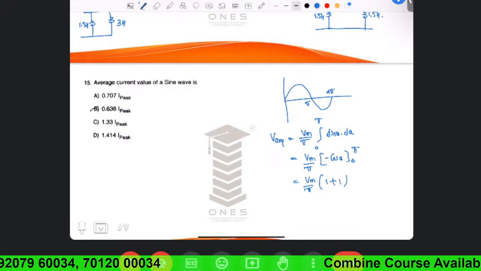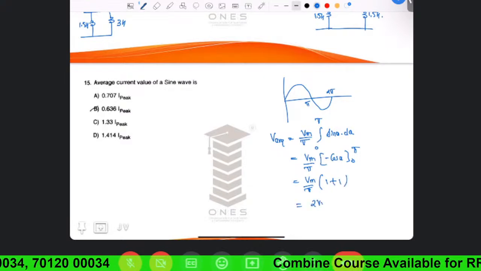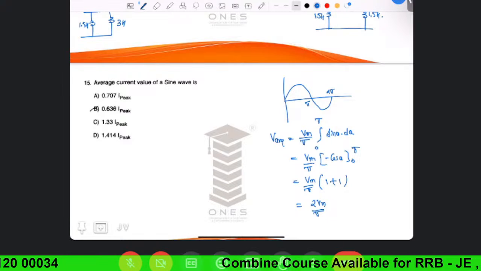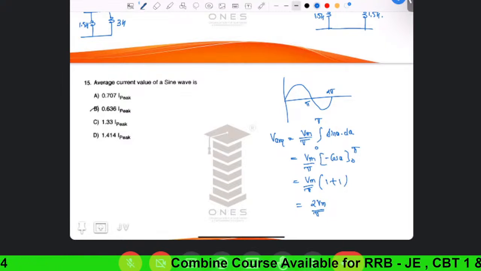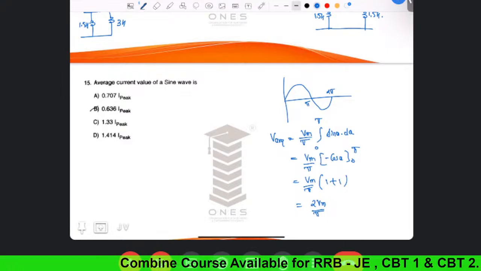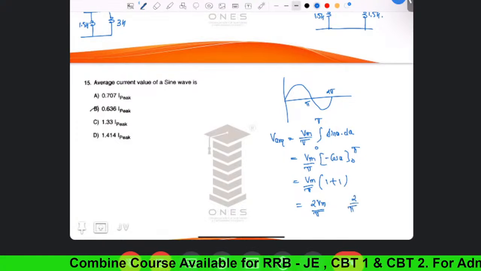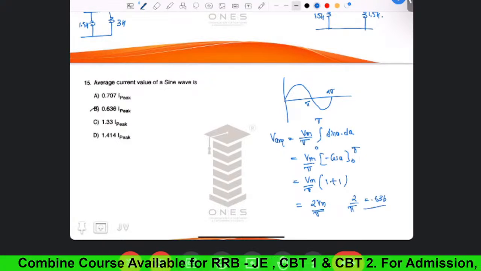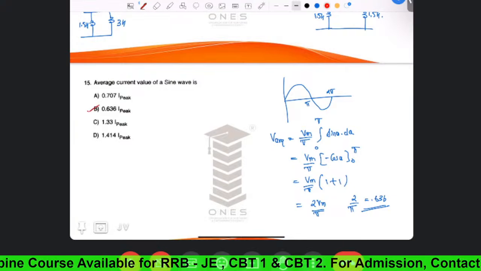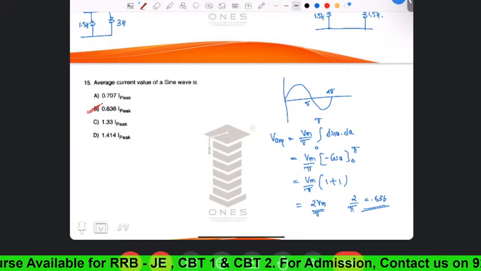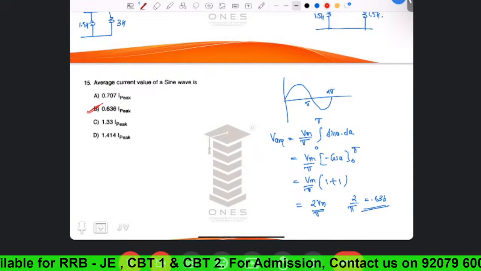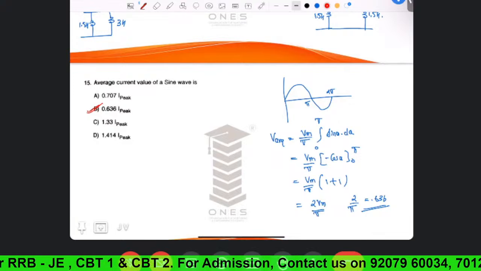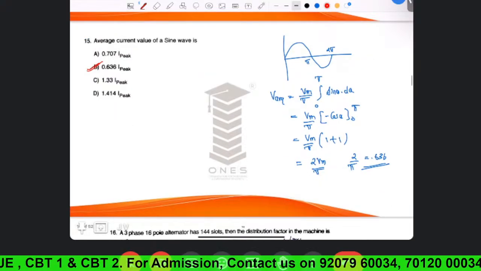So 1 minus minus 1 will be plus 1 plus 1, so this will be 2 Vm by pi. The average value is 2 by pi times the peak value, and 2 by pi is approximately 0.636. So the correct option is 0.636. Moving on to question number 16.